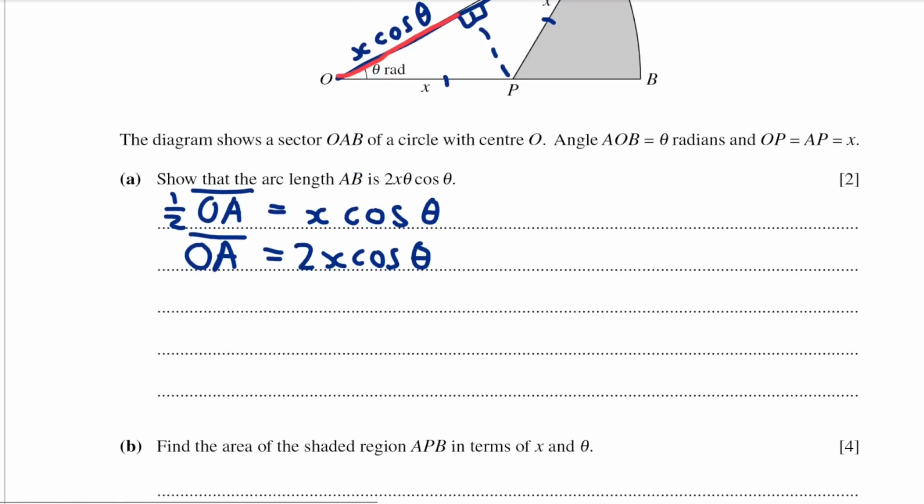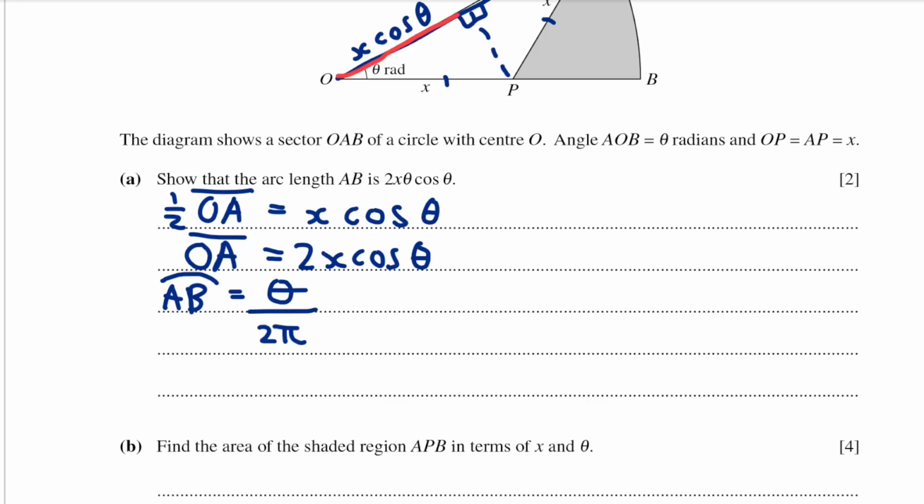And then we can just multiply this by theta to get the arc length, but for the sake of completeness, the arc length of AB will equal theta over 2 pi, because there's 2 pi radians in a full circle angle.